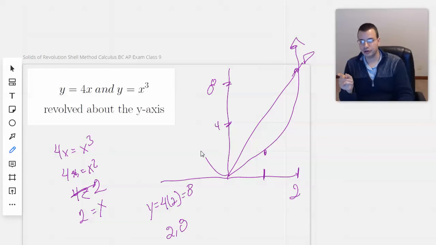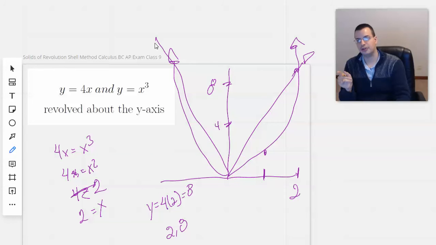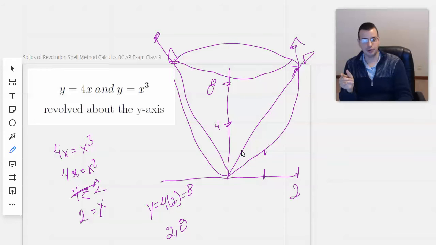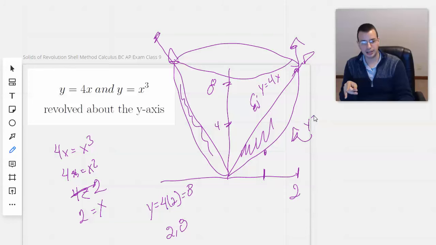And then we'll have something similar over here, since we revolve it about the y-axis. And then we have a circle, and we're trying to find this area in the middle, where the top is y equals 4x, and the bottom will be y equals x cubed.